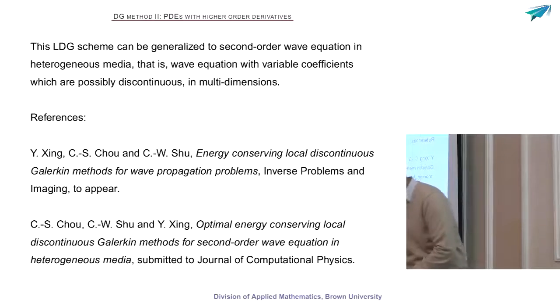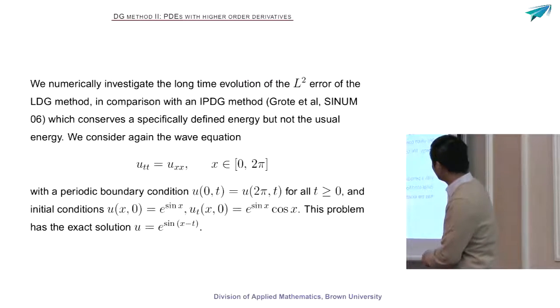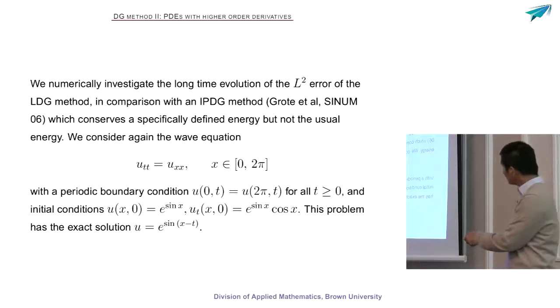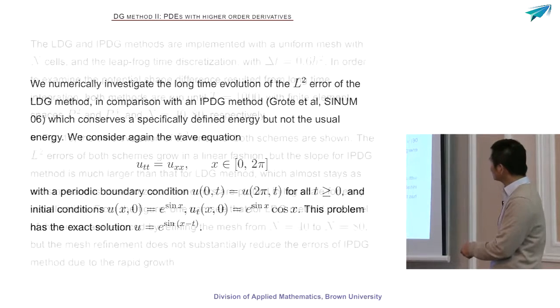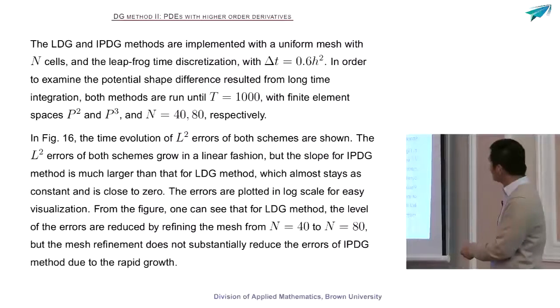Let's see if I have a picture here. Yeah, there's a picture here with some exact solution. There are some words here, you don't have to read it, but you just have to notice that T is very large, so it's a long time behavior.